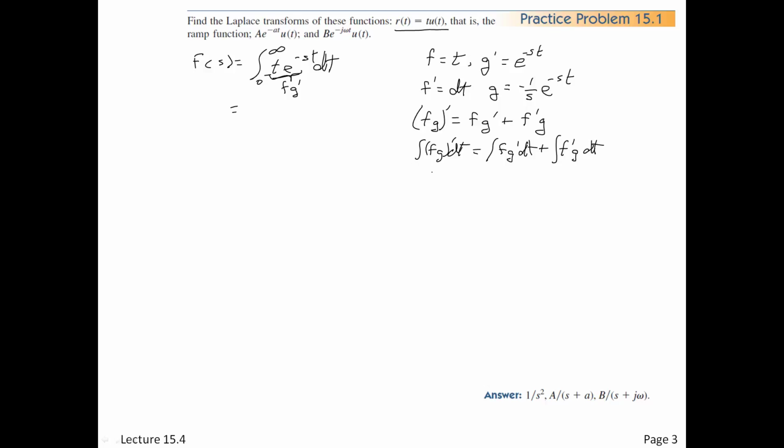This left side, the integral of the differential of the pair, is just the product. So all we need to find out is what's going on the right side.